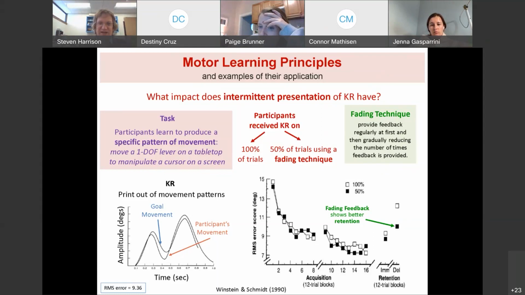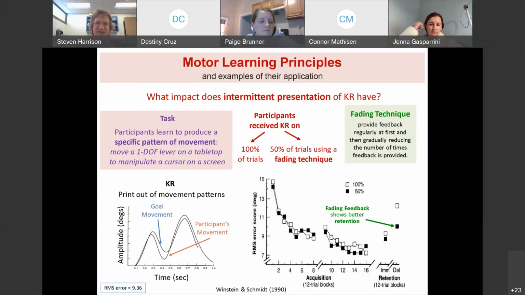And then we've got a set of trials where we ask you to walk away and come back later. In the immediate condition, where you perform the task for 12 trials without getting the feedback, we see slightly lower error with the 50% feedback.